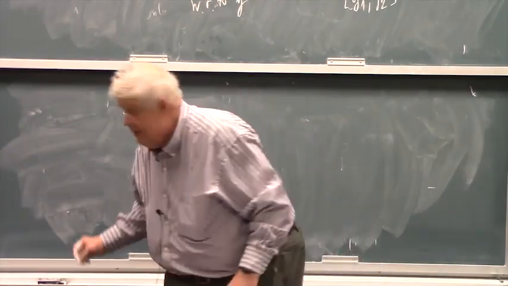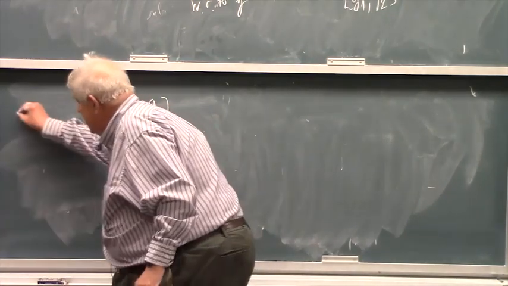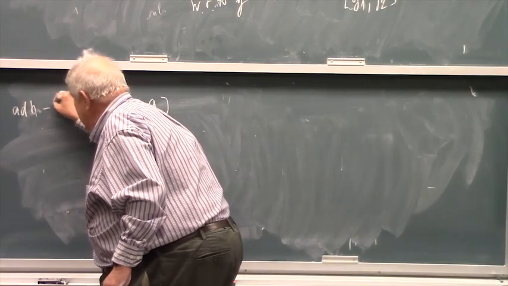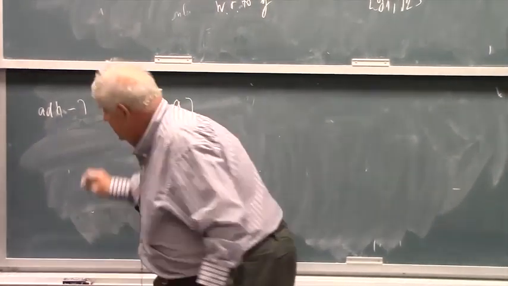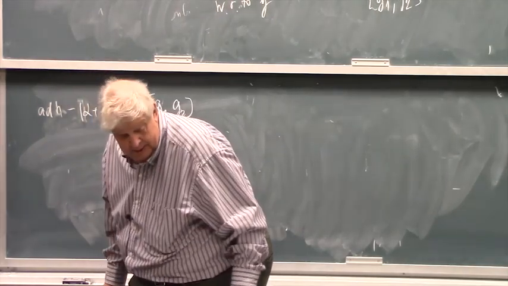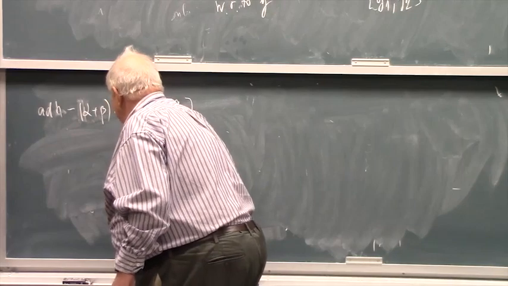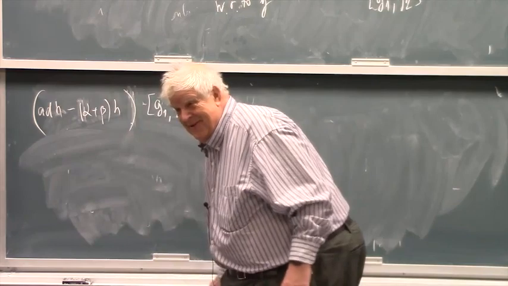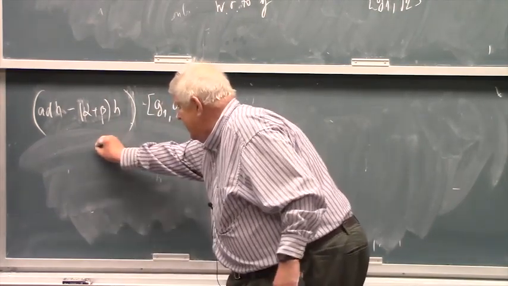Yes, add H. Minus lambda, which is alpha plus beta, times H. I want to apply this to this. At the moment, I do not raise it to any power. I will raise it later. Very interesting. What will I get?